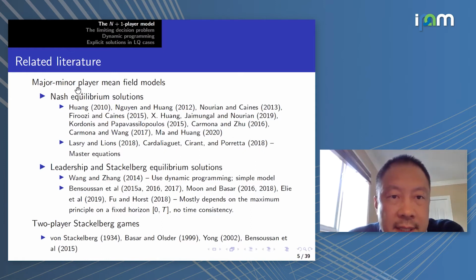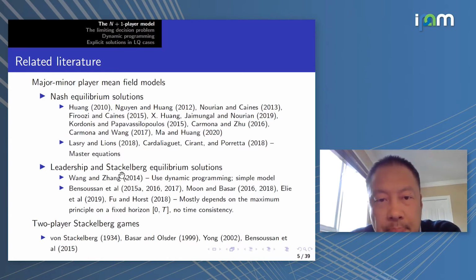So given this kind of major-minor player modeling, there is another optimization framework. That is, you can consider leadership, that is the leadership of the major player. Okay, in this case, the Stackelberg equilibrium can be studied. For example, we can check the literature by Wang, Zhang, Van Susan, Moon, Basar, Hoos, and the paper of Eddie for the principal agent problem.